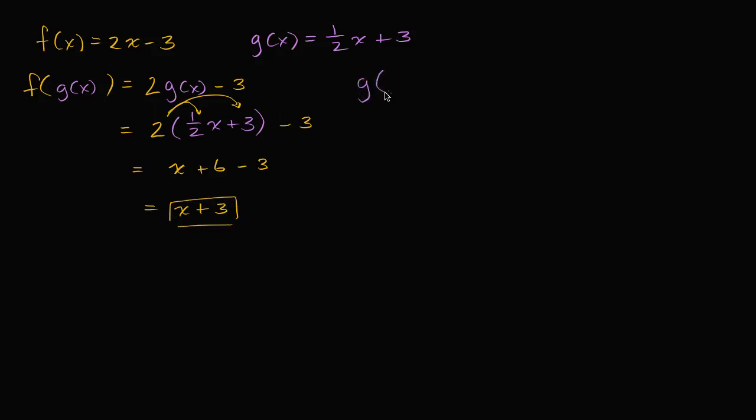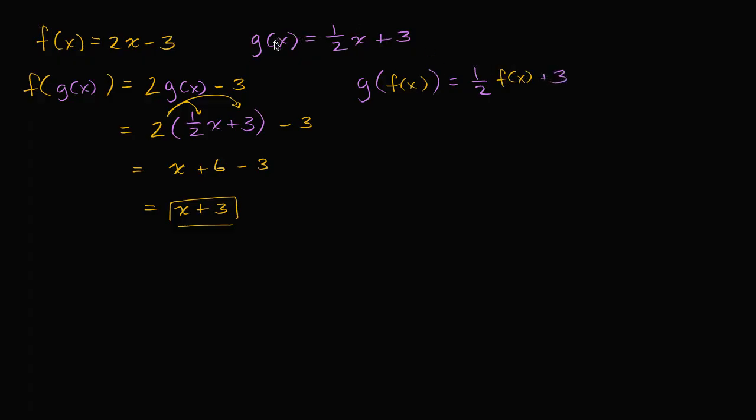So g of our input, instead of calling our input x, we're going to call our input f of x. So g of f of x is going to be equal to 1/2 times our input, which in this case is f of x, plus 3.